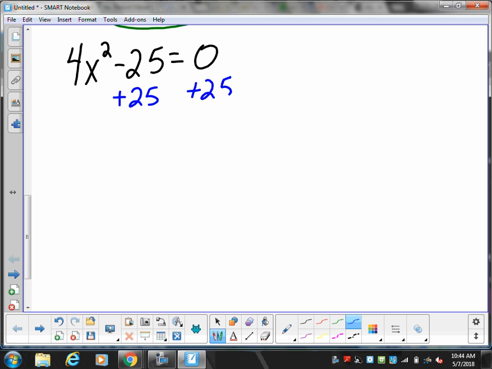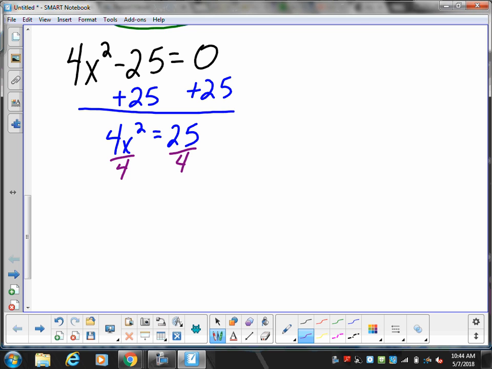If the x term's gone, we're trying to get that x squared by itself. So to get rid of that minus 25, we add it. And then you divide both sides by 4. I didn't even think about leaving this as a fraction or changing it to a decimal, but I noticed almost all of you did that.